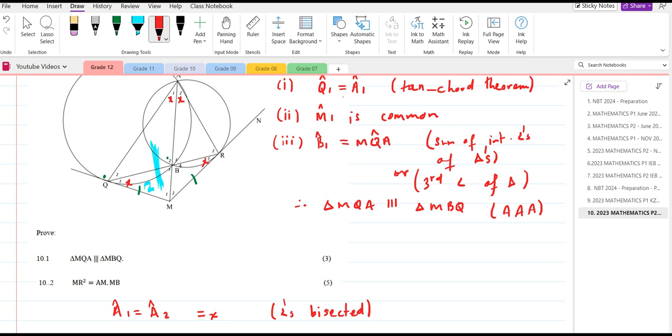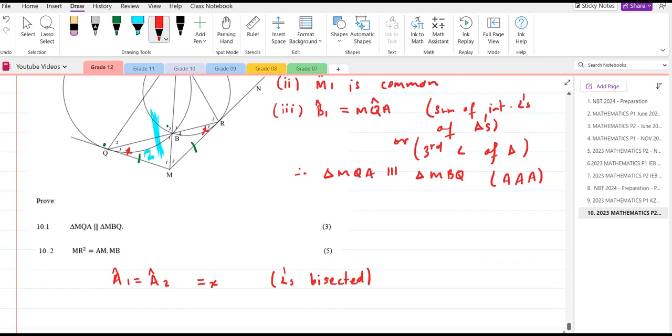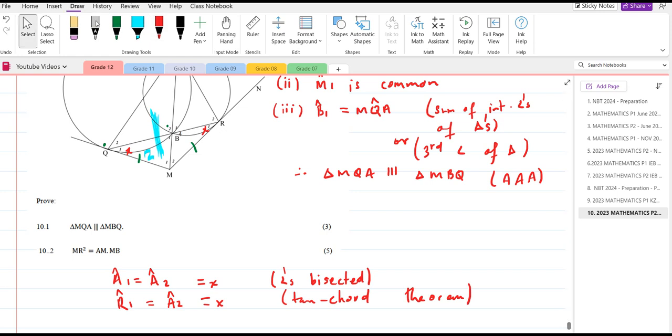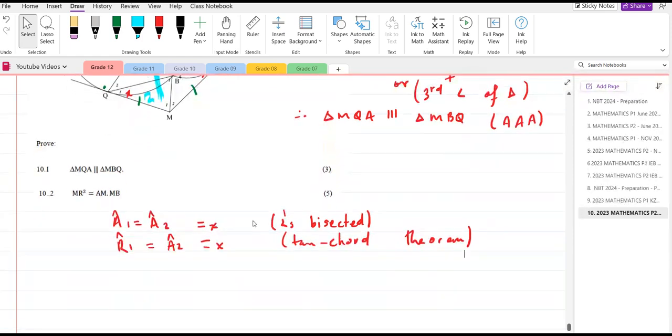We can say angle R1 is equal to angle A2, which is also equal to x, because that is the tan chord theorem. Now we've got x, so what we can say is QM equals MR. So very important analysis here. Why is QM equal to MR? Because we have sides opposite equal angles, right?